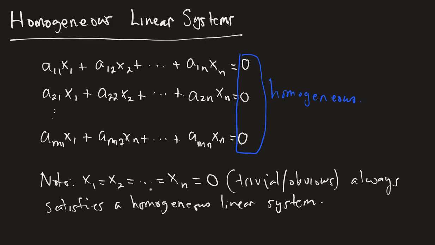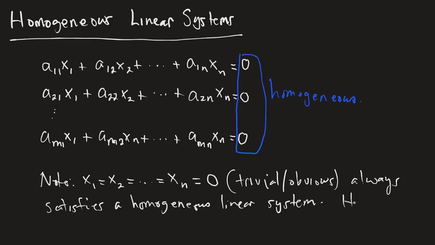Remember, a linear system can either have no solution, a unique solution, or infinitely many solutions. So the fact that we have the trivial solution for a homogeneous system means that a homogeneous system is always consistent.